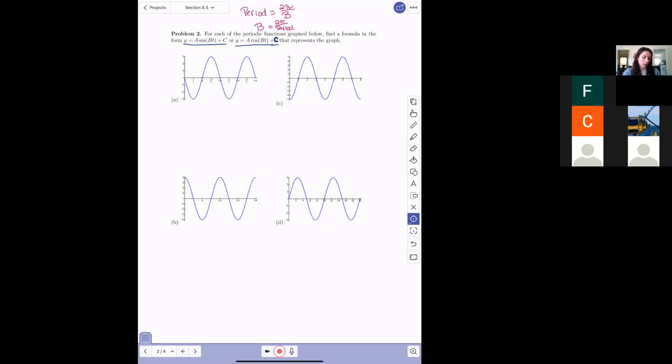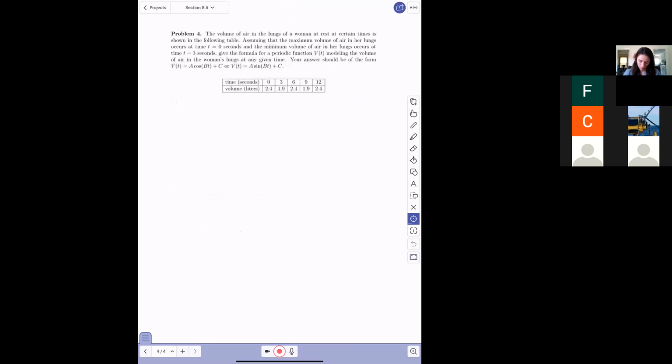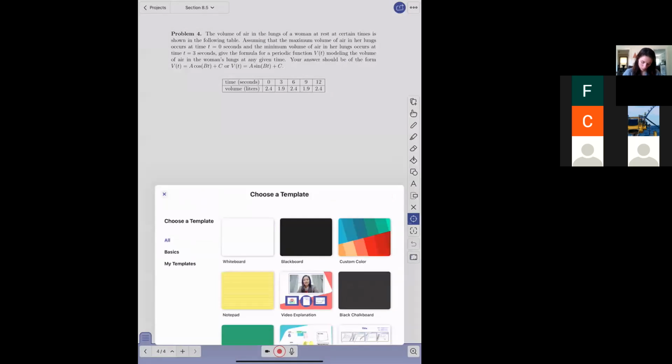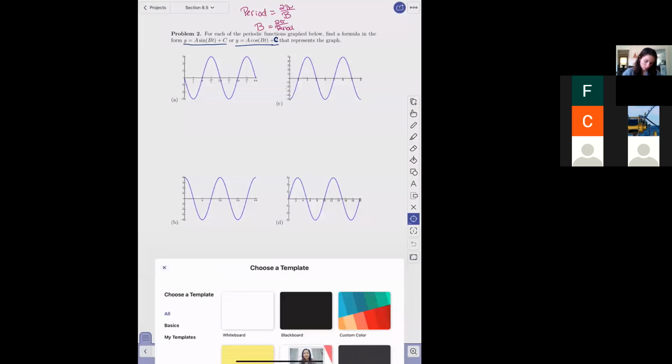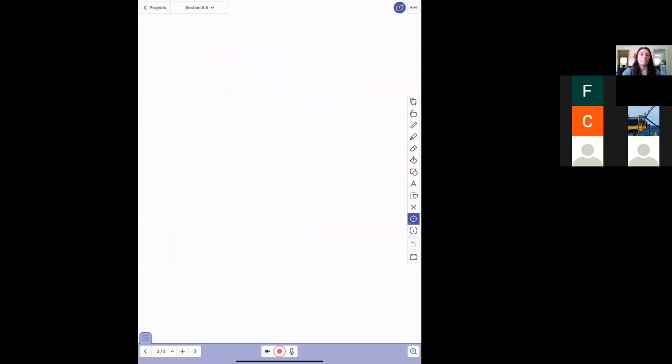We notice that out of these graphs, some of them start at the origin or the midline, and some start at the maximum or the minimum. So there's a couple different cases we could have.